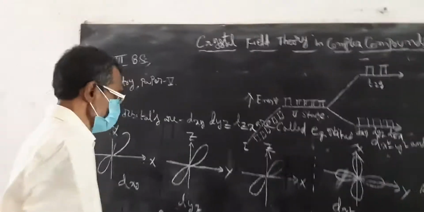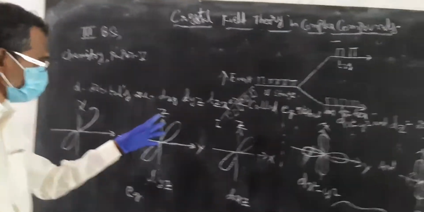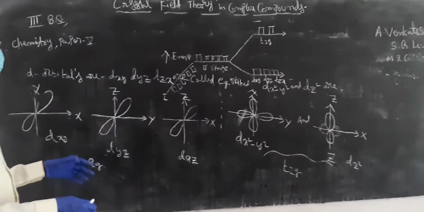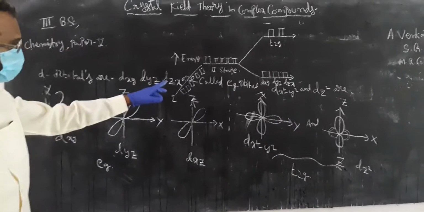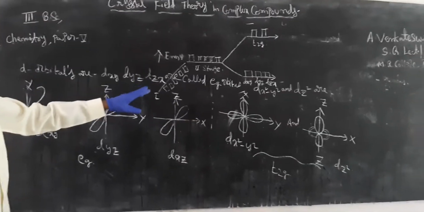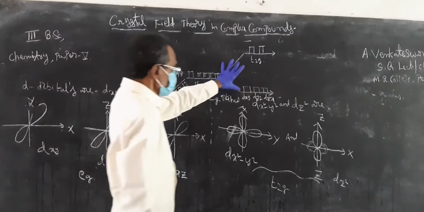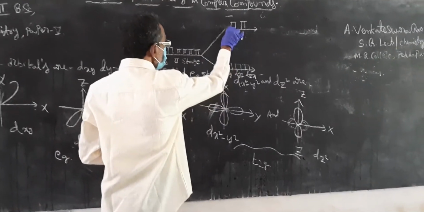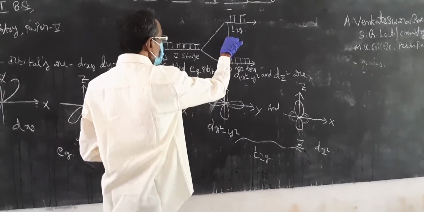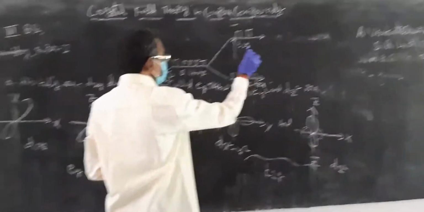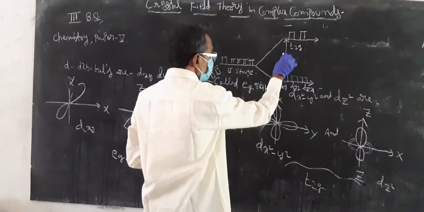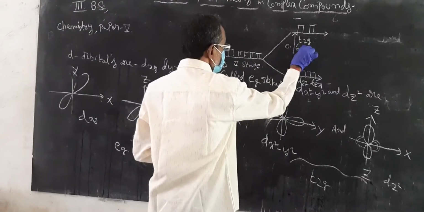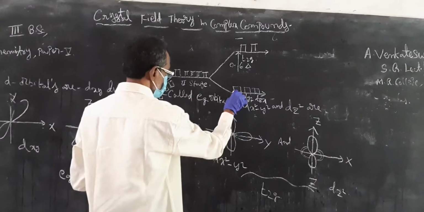So that is how the five d orbitals split according to crystal field theory. The same diagram explained: each orbital in the Eg set has 0.4 delta energy, and each orbital in the T2g set has 0.6 delta energy.